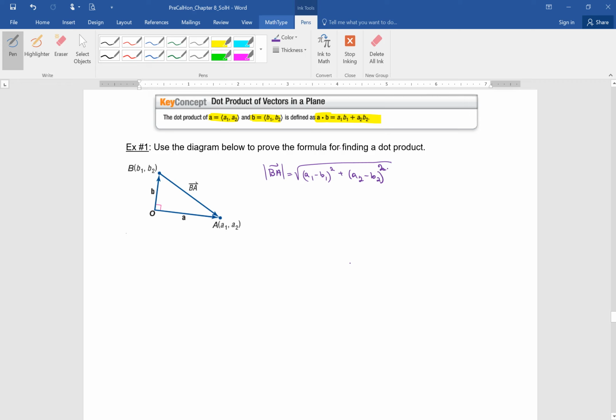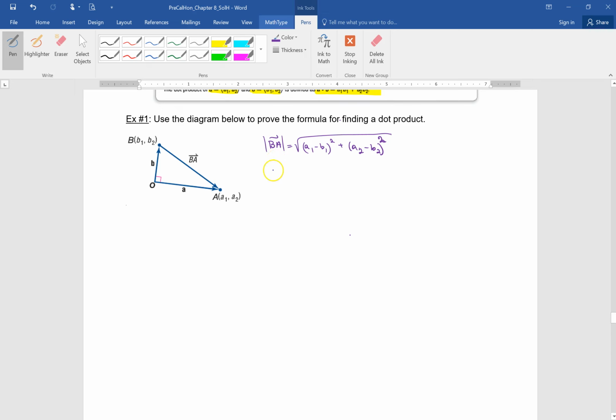Now, what if I squared both sides? Then the magnitude of BA squared is just A1 minus B1 squared plus A2 minus B2 squared. Now, let's FOIL this. We get A1 squared minus 2A1B1 plus B1 squared plus A2 squared minus 2A2B2 plus B2 squared.